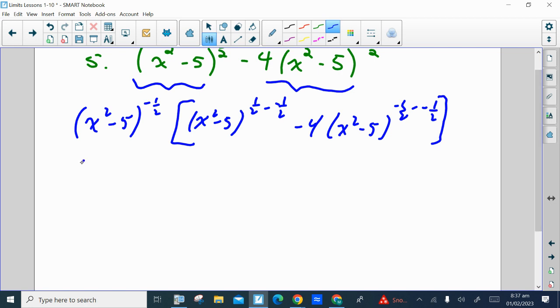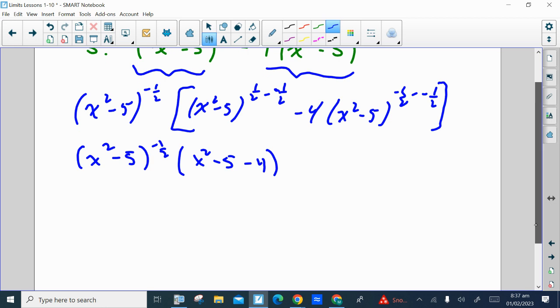So if we write this out, we have x squared minus 5 to the negative a half. And then you're going to have x squared minus 5, because, again, the minus minus here becomes plus. You'll get 1/2 plus a half, which is 1. x squared minus 5 to the 1, or just x squared minus 5, minus 4.